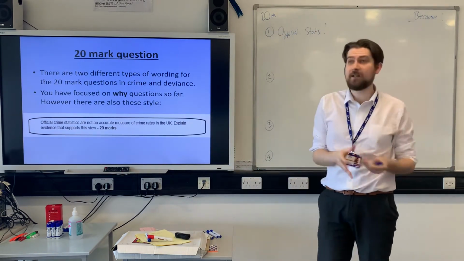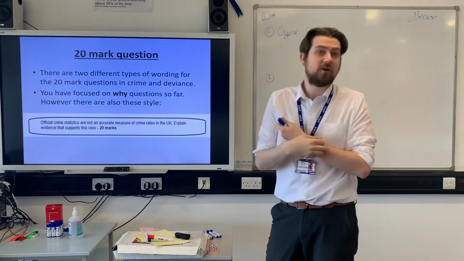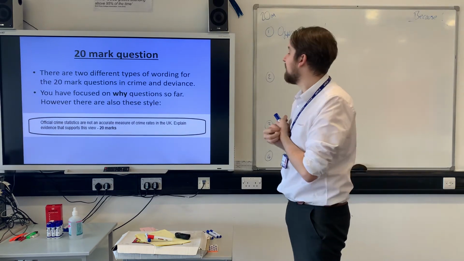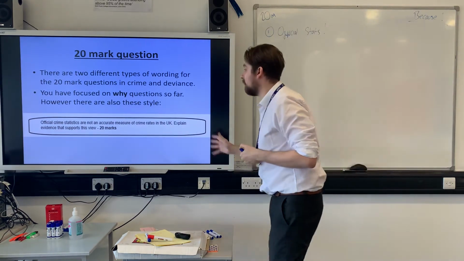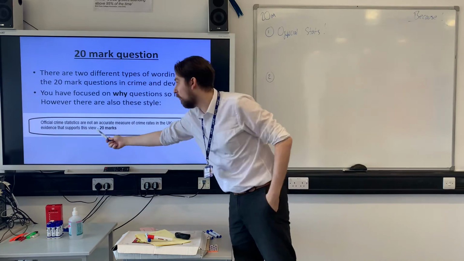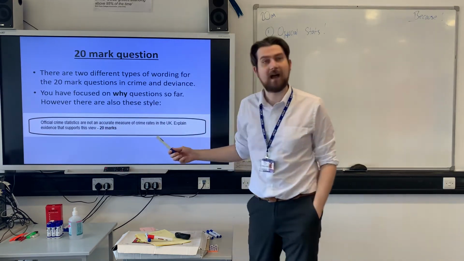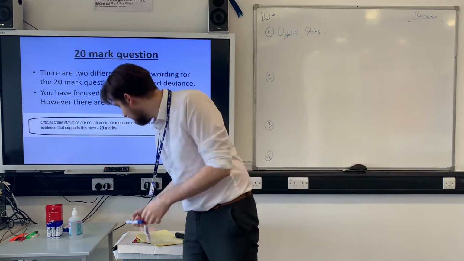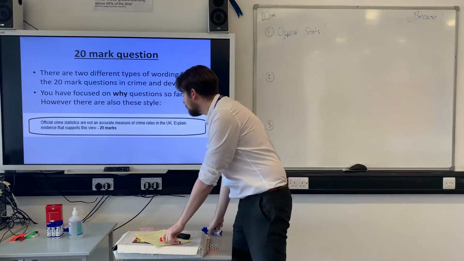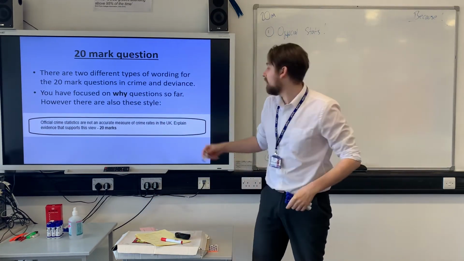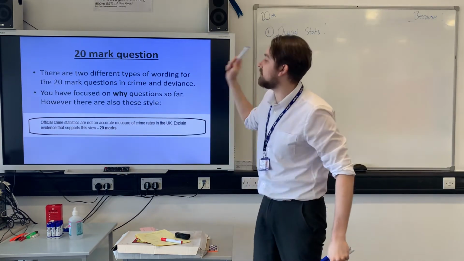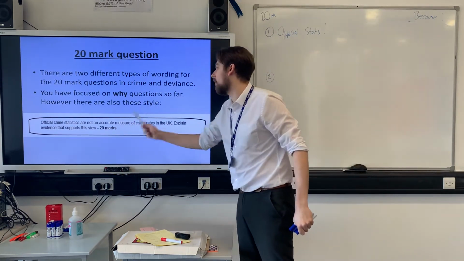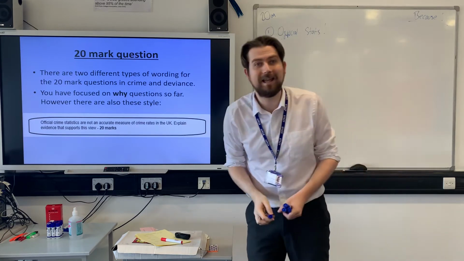In a 20 marker, you don't have to talk about anything being useful. All you've got to do is give me 3 or 4 different explanations for why some people would say that. You can't evaluate in it, so there should be no AO3, nothing like that. There's no need to construct an argument. All you've got to do is explain evidence that supports the view that official crime stats are not an accurate measure of crime in the UK.